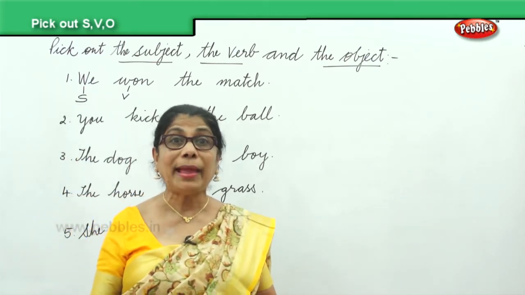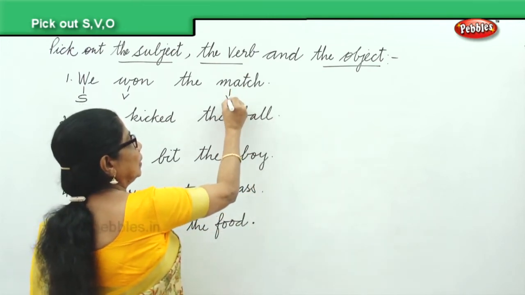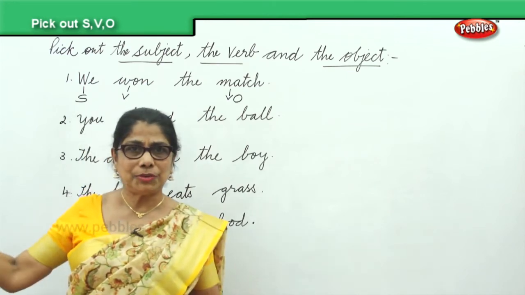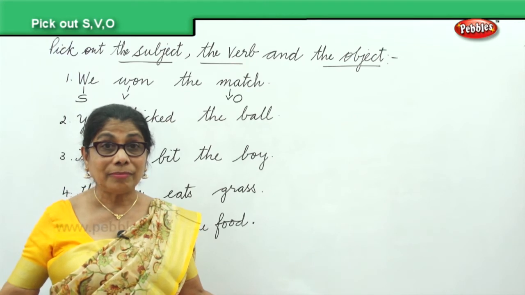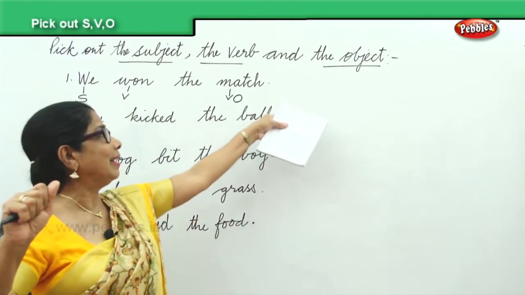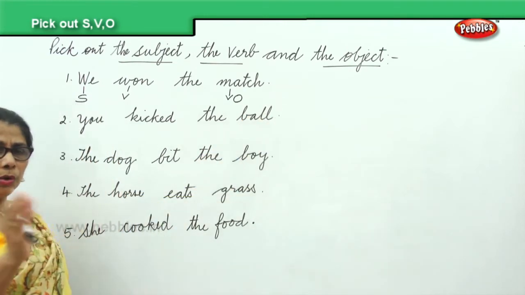We won the match. Match is the object. So we found the subject: we all played the match. Verb, won. We won it. Object, the match.